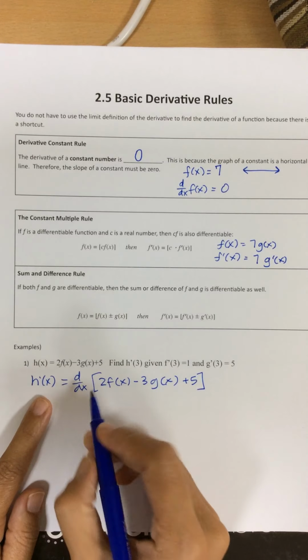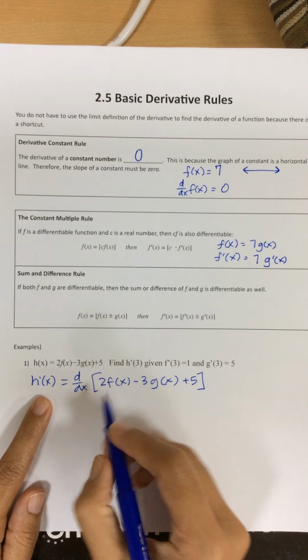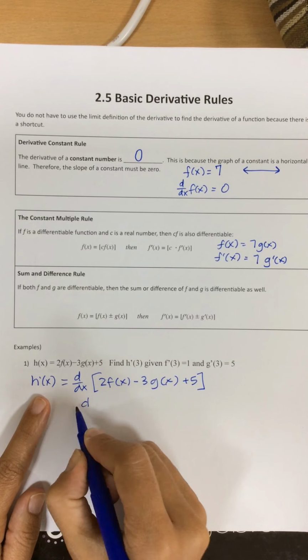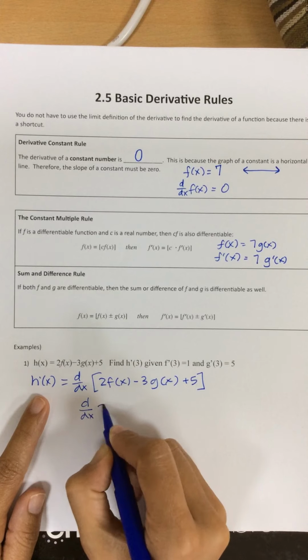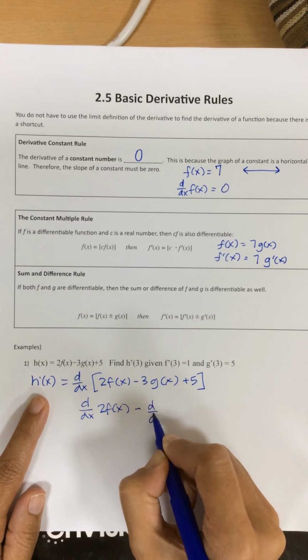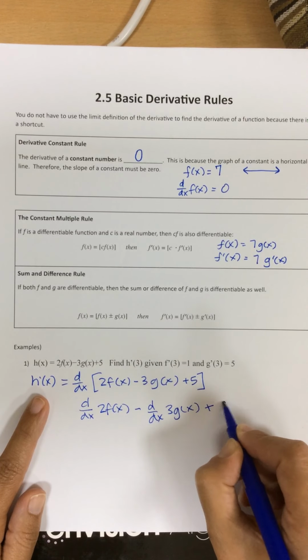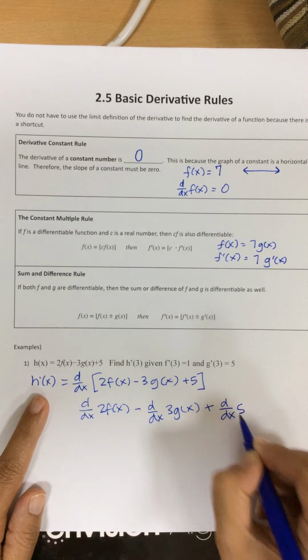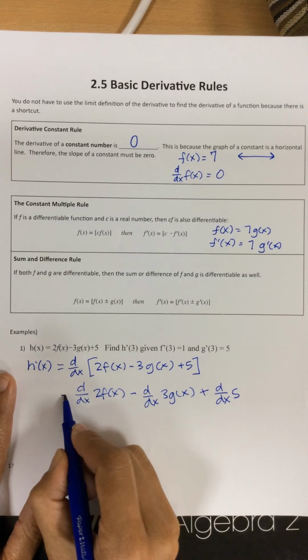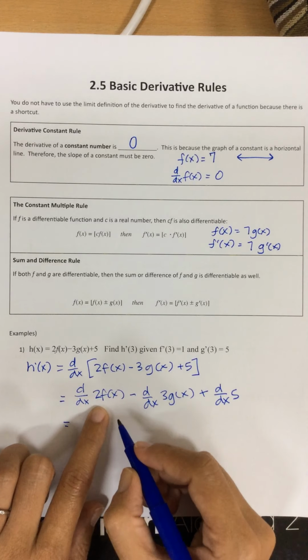So that means I can first use my sum and difference rule, right, and break these apart. So I'm going to find the derivative of 2f of x, and then I'm going to find the derivative of 3g of x, and then I'm going to find the derivative of 5. Okay, so what's this equal to?